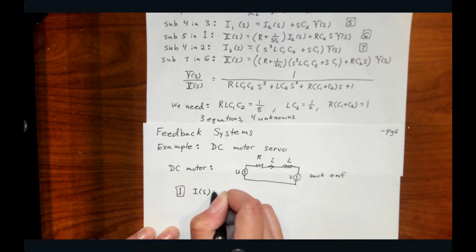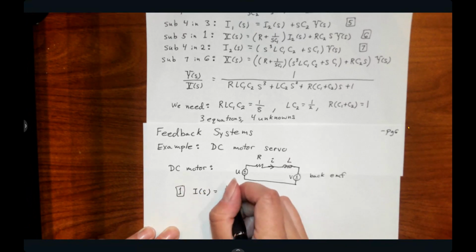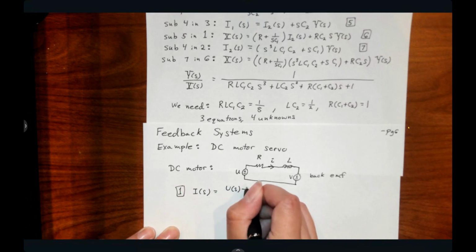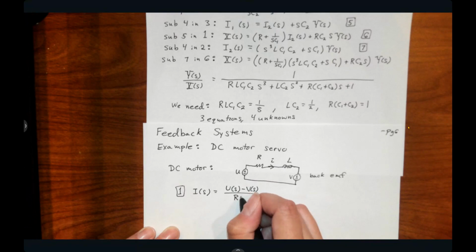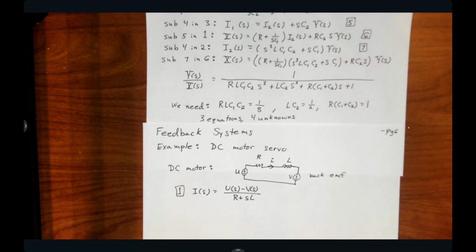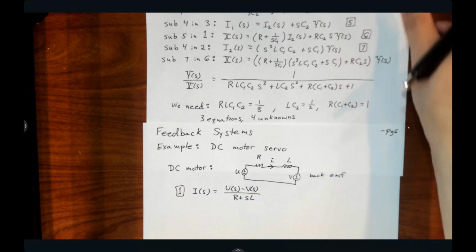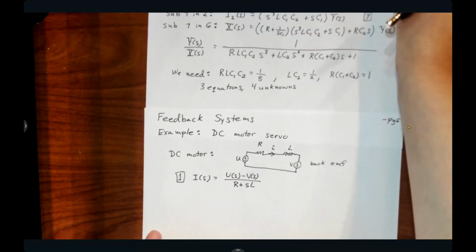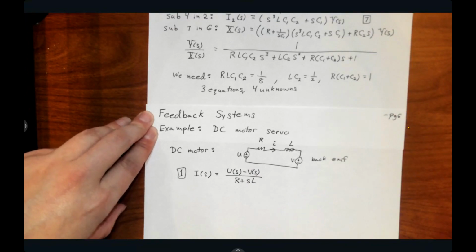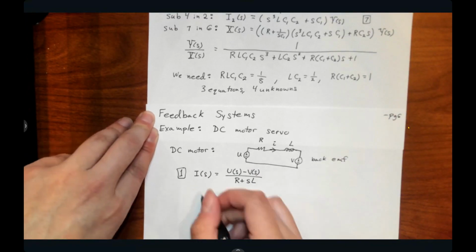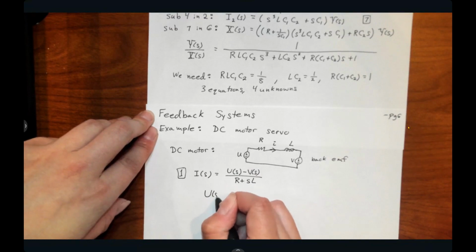So the current is the voltage difference across the impedance. Right, so this captures the input-output relationship of that DC motor. And I can also, another way that I can express this is by drawing a block diagram. Right, so with block diagrams, we typically have our input come in.